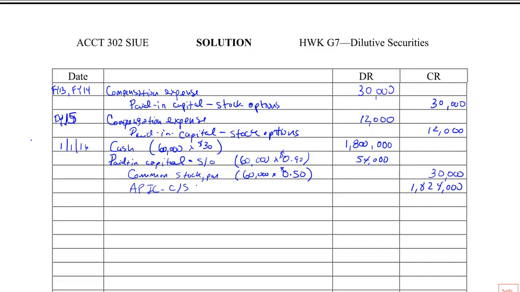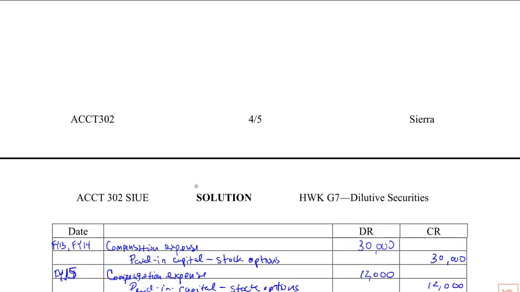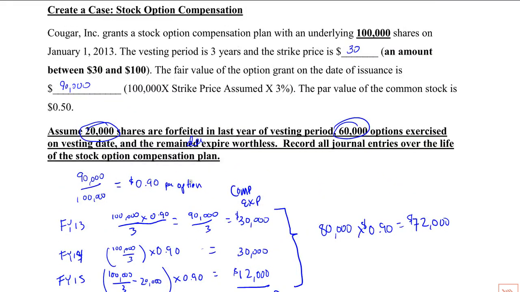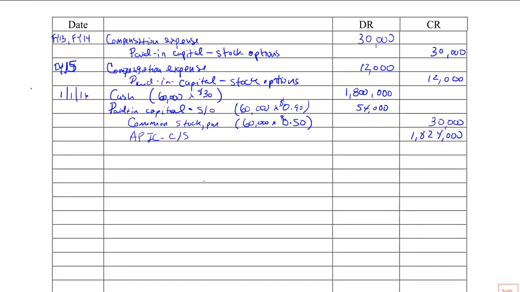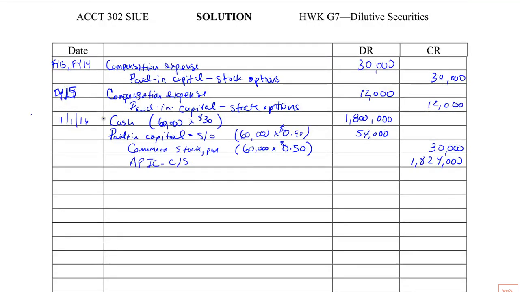Okay, so then the last piece of information here. Do we know the expiration date? We don't know when the expiration date is, but at expiry, whatever the expiration date is, put it in there. Paid in capital, stock options to paid in capital, expired stock options.